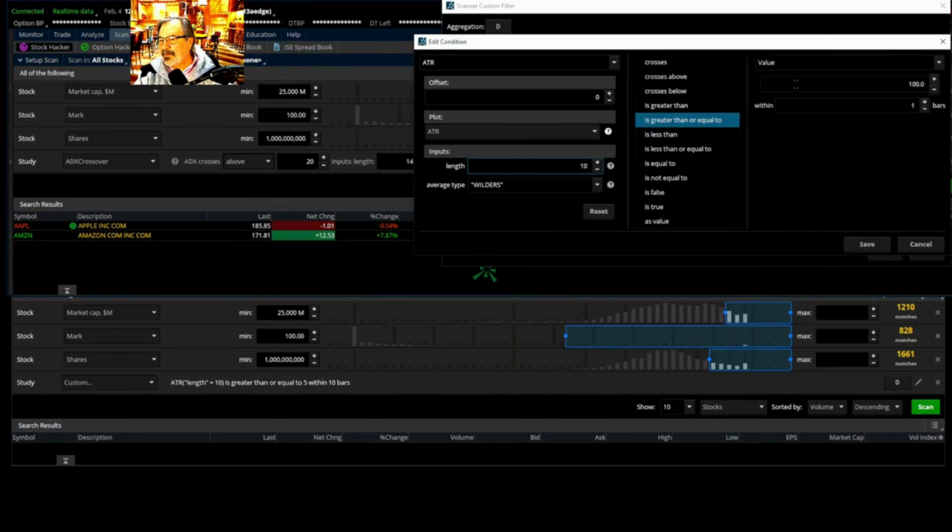Maybe I'm supposed to push a value. Yeah, that's what I'm supposed to do, right? That's what it is. Okay. Bars are going to be days, and this should equal 5.